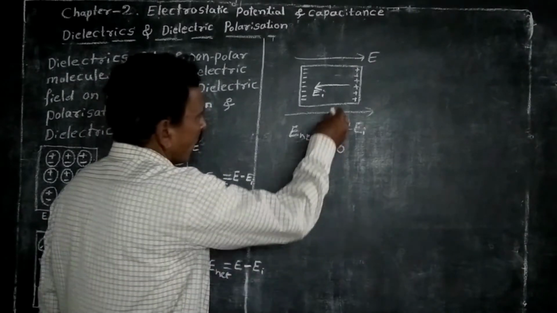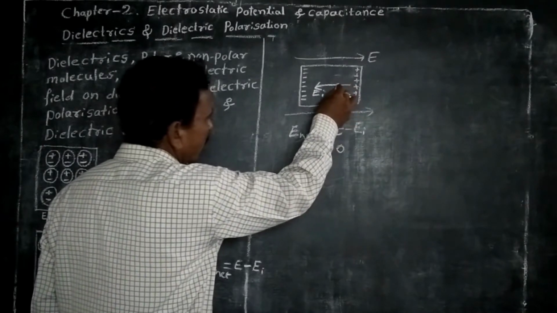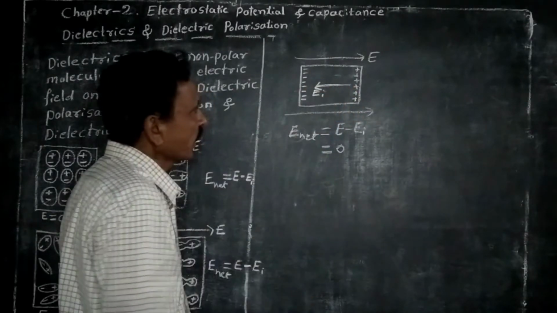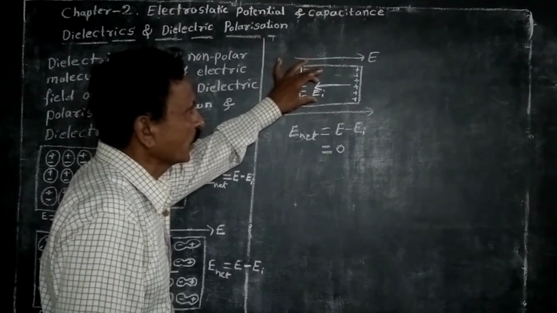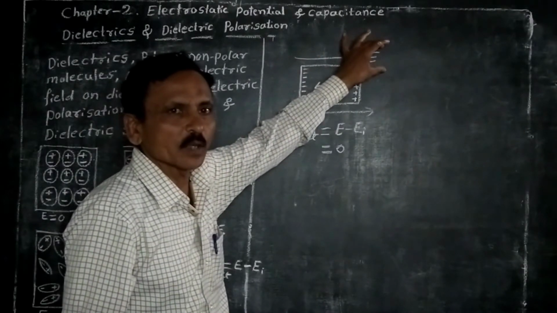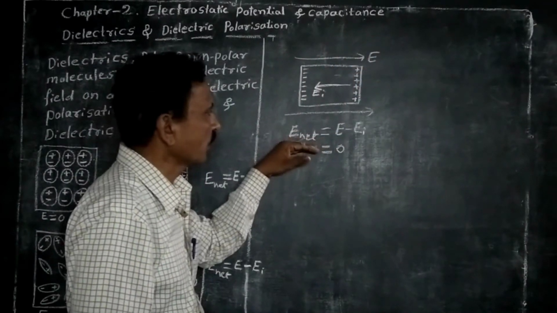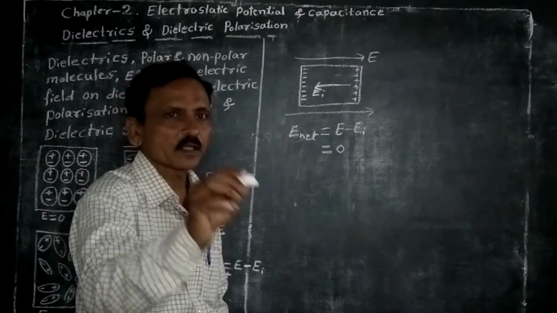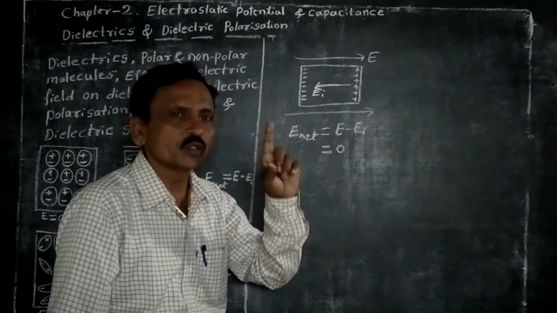Therefore, an external electric field is induced in it. It is equal in magnitude and opposite in direction to the applied field. Hence, the net electric field inside the conductor is equal to 0.